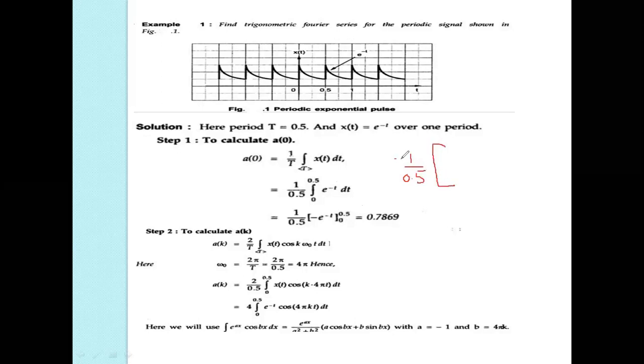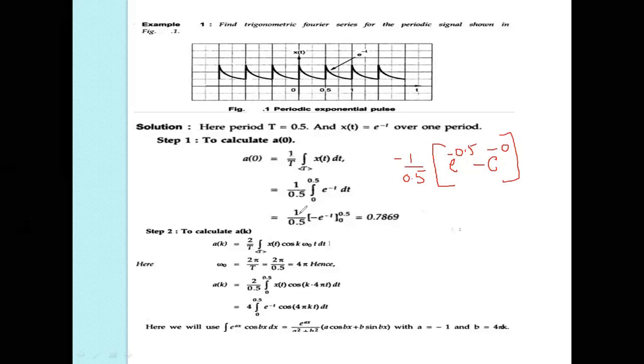For the upper limit, e power minus 0.5, minus e power 0, and e power 0 is 1. e power 0 is 1 and e power minus 0.5 is definitely less than 1, and minus into minus is a plus. It becomes 0.7869.